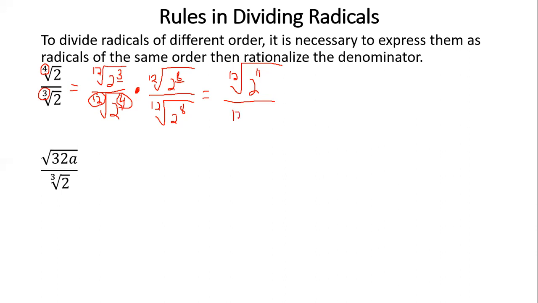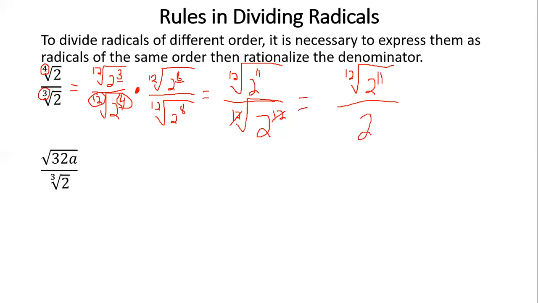Okay, we have the 12th root of 2 raised to 8 plus 4. It will give us 12. Magkakancel po yung 12th root at saka yung raised to 12 na yan. Giving us, ayan, 12th root of 2 raised to 11 divided by 2.